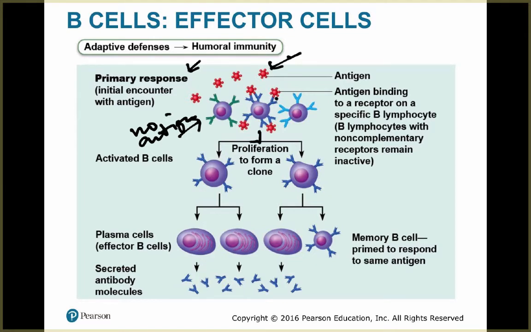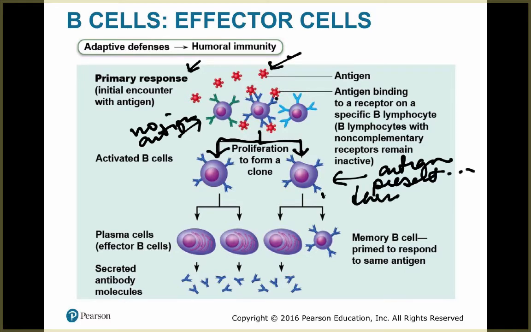So once they bind, they're going to start proliferating to form colonies of these cells, because if there are antigens present, then we might need more cells to help with the attack.